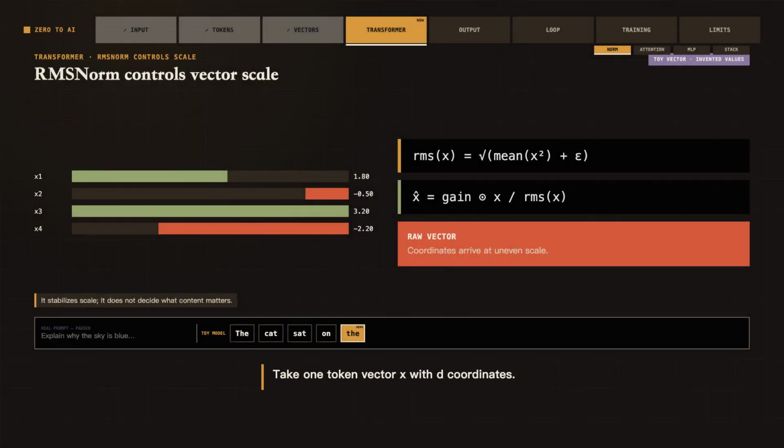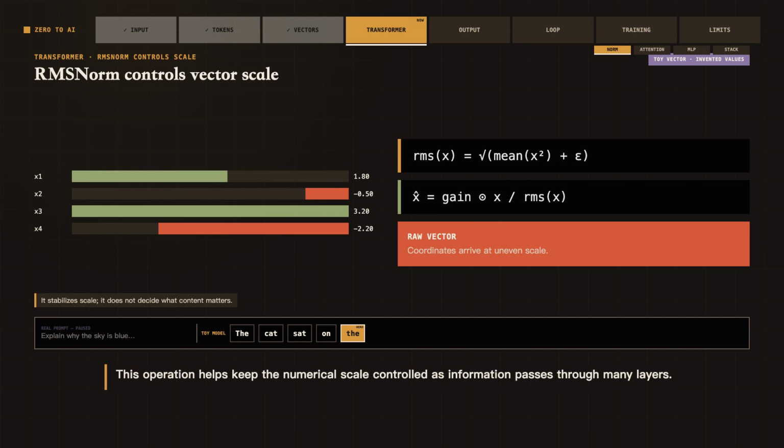Take one token vector x with d coordinates. RMSNorm first measures its root mean square. It squares each coordinate, averages those squares, adds a small epsilon, and takes the square root. Then it divides the vector by that scale and applies learned per-coordinate gains.